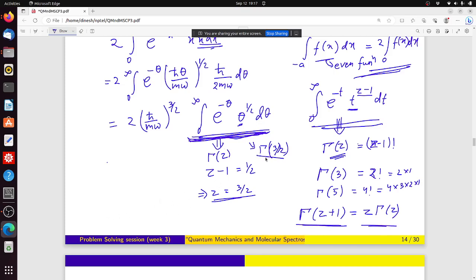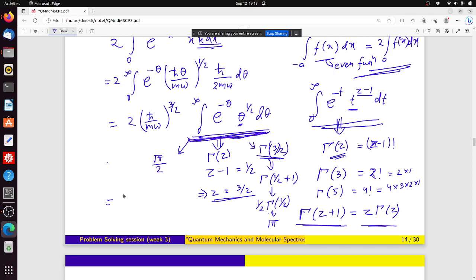This is gamma of 3 over 2, so I can write this as gamma of half plus 1. Then this will be half of gamma of half, and gamma of half is nothing but root pi. So in future you will learn. So this integral will give me root pi over 2.